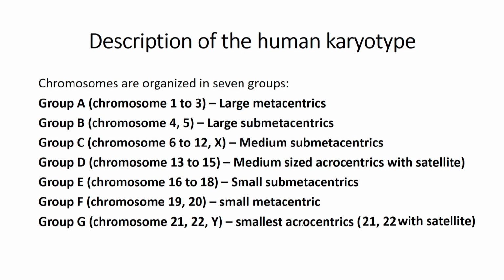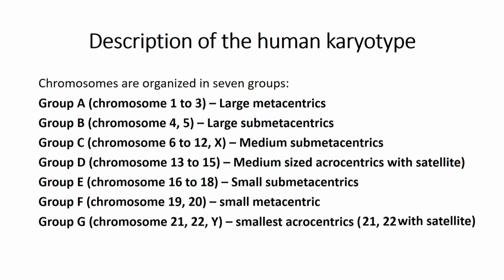If I see in this slide, the chromosomes are organized in 7 groups. Group A containing chromosomes 1 to 3, these are large metacentrics. Group B, chromosomes 4 and 5, large submetacentrics. Group C, chromosomes 6 to 12, as well as the X chromosome, they are medium submetacentrics.